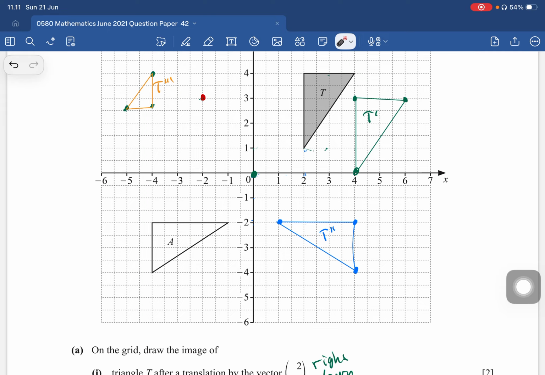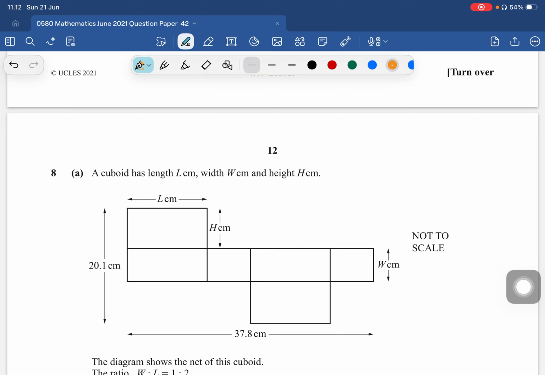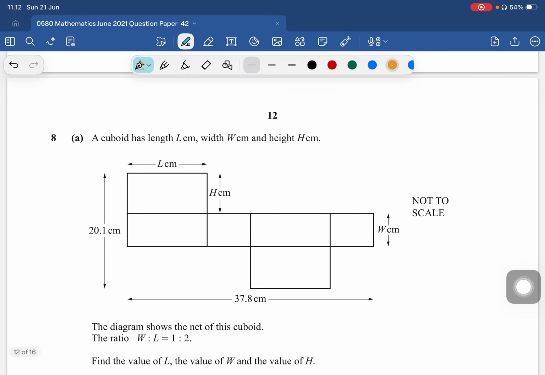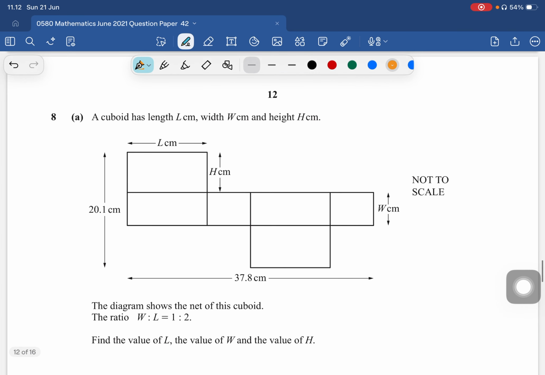Okay, let's go on. A cube has a length of L, width W, and height of H. Okay, here is H, W, is also H, L, also L, also L. Let me make it the same color. So this is the height, and here is another height.